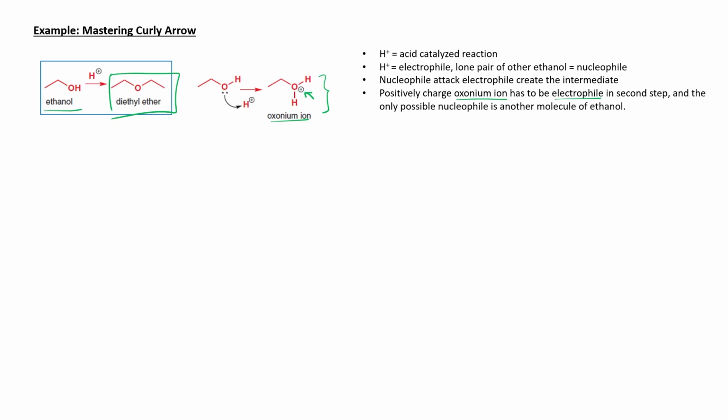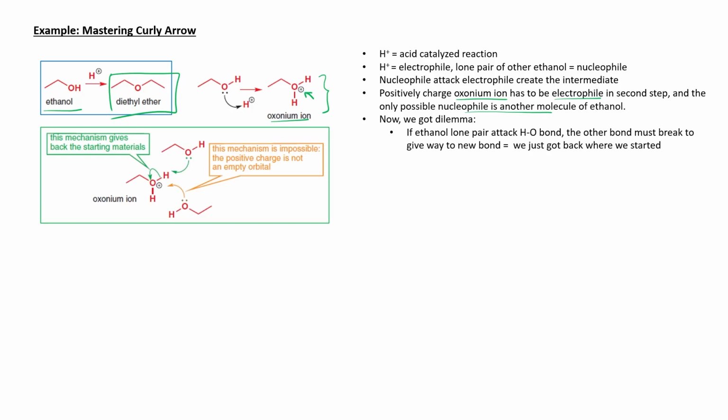So what is the nucleophile? The only possible nucleophile is another molecule of ethanol, but we have a dilemma there. First, if the lone pair of the other molecule of ethanol attacks the bond here, what will happen? When you attack here, when you make a bond, another bond must be broken in order to preserve the octet rule.